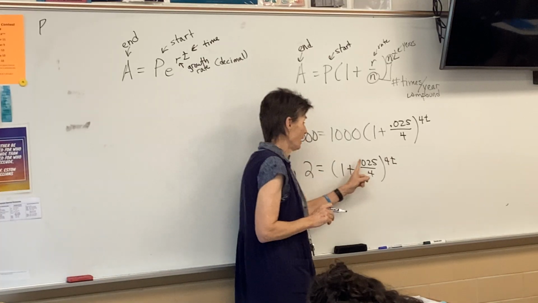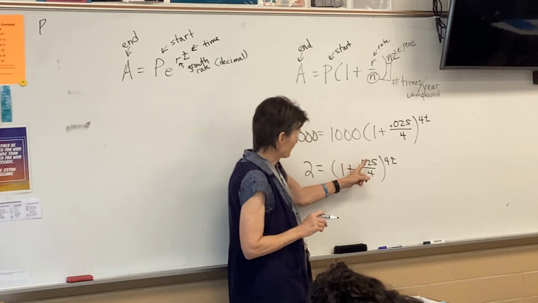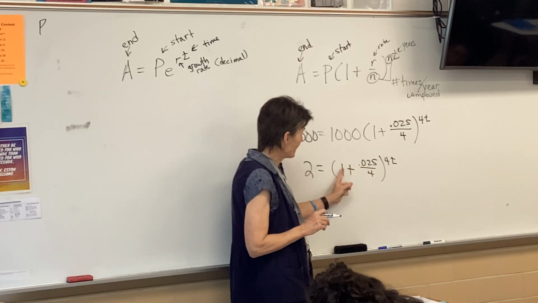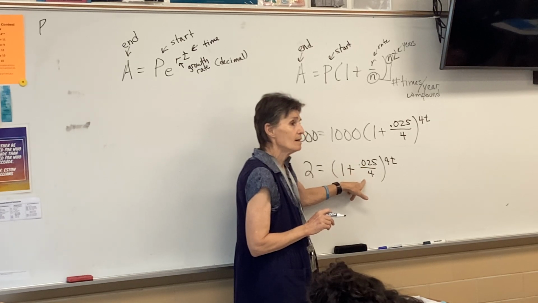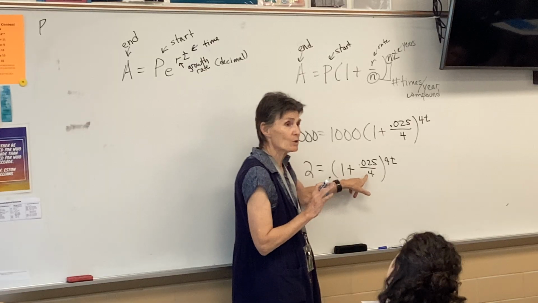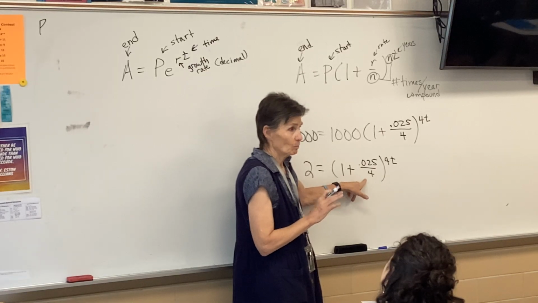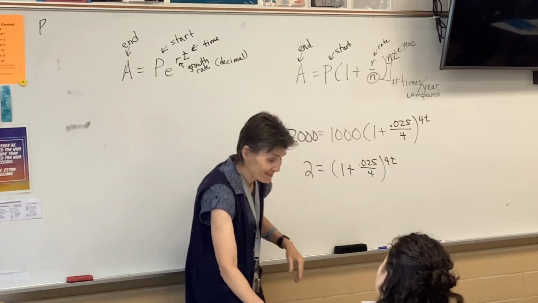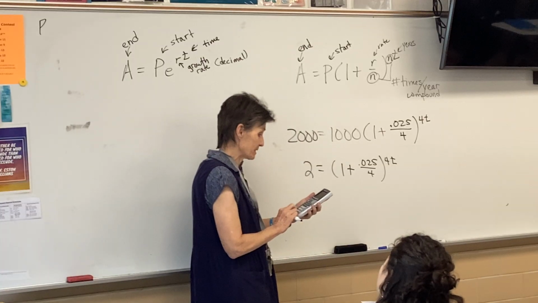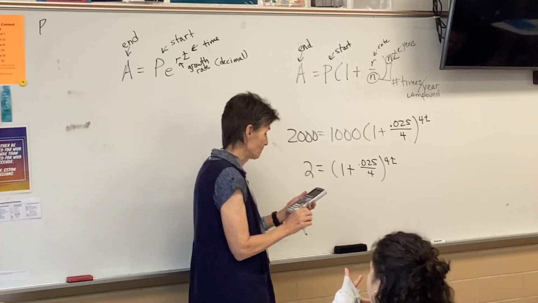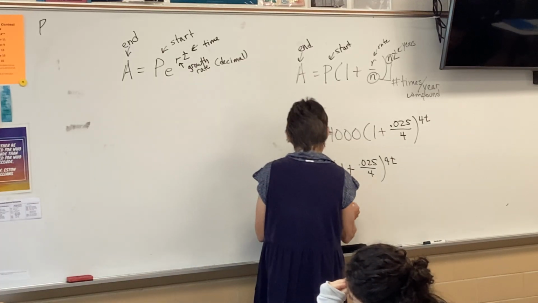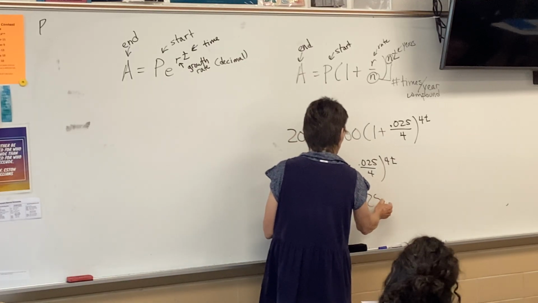Okay, now, he wants to go ahead and calculate this, and I think this one's going to be okay. We never want to round off within the problem. Let's see. 1 plus 0.025 divided by 4 is 1.00625.